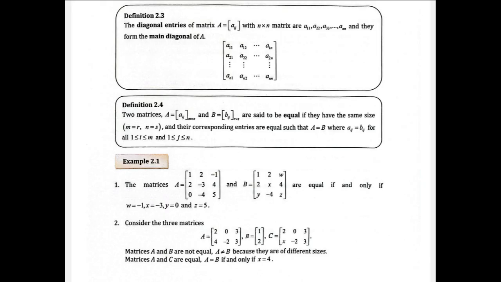Looking at this example, the value for W should be -1, X should be -3, Y should be 0, and Z should be 5, and this will make them equal.